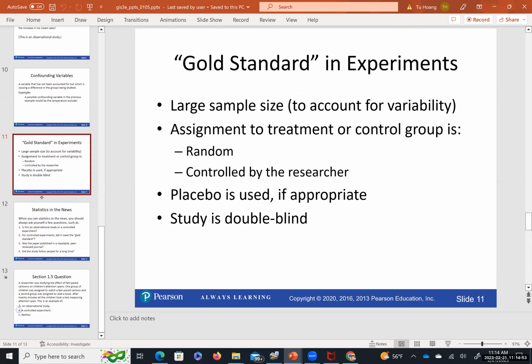So gold standard in experiments. So first is need a large sample size, so then we can account for variability. Secondly, assignment to treatment or control group, which must be random or controlled by researcher.